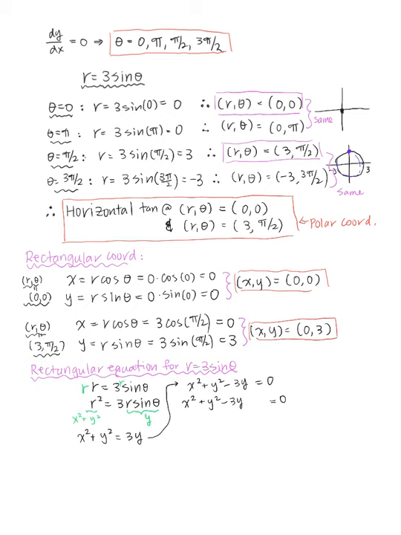Now I need to complete the square, so I'm going to divide this number by 2. You're going to have negative 3 over 2. What you need to add in here is negative 3 over 2 squared, which will be positive 9 over 4. That means I'm going to add 9 over 4 on the right hand side of the equation as well.